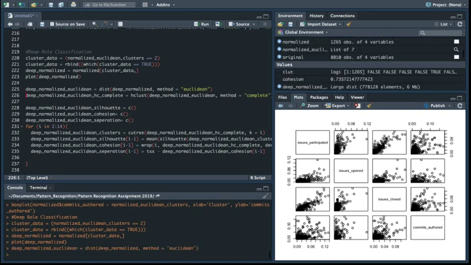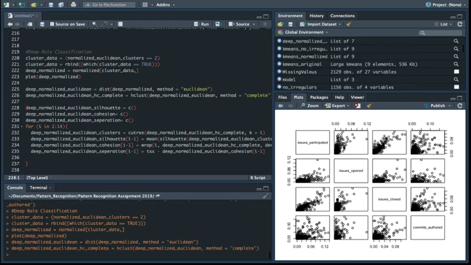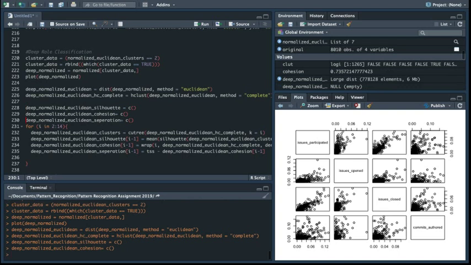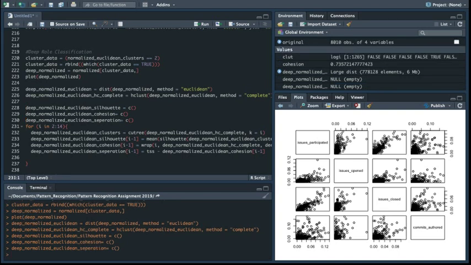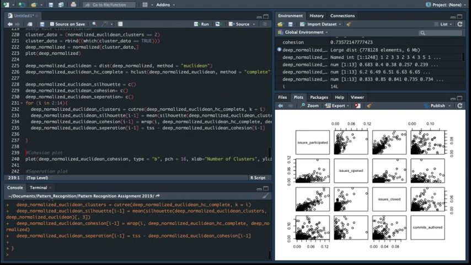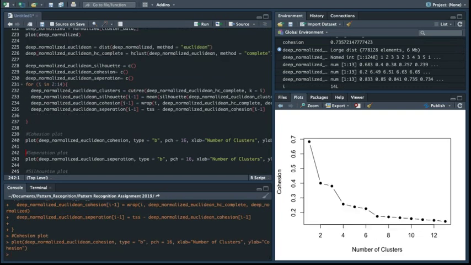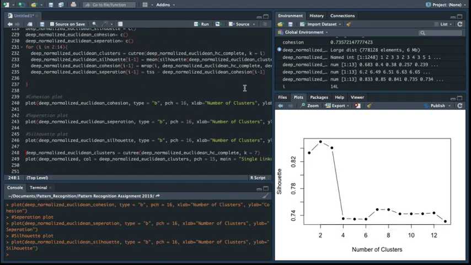So again, we calculate the Euclidean distance between these points. We implement the hierarchical cluster model, and we run a for loop for 2 to 14 clusters. And here the cohesion, here the separation, here the silhouette. And as you can see, again, we have very, very high values for the silhouette at the very first three clusters, but we can't just use 3 clusters.